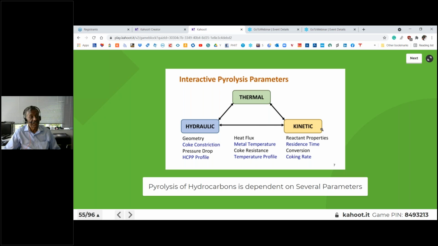And on the kinetic side, we have the reactant properties, residence time, conversion, and coking rate. So you can see pyrolysis of hydrocarbons is dependent on so many parameters, and it becomes a very, very complex computer analysis. That can only predict what you are going to be producing from inside of those coils.